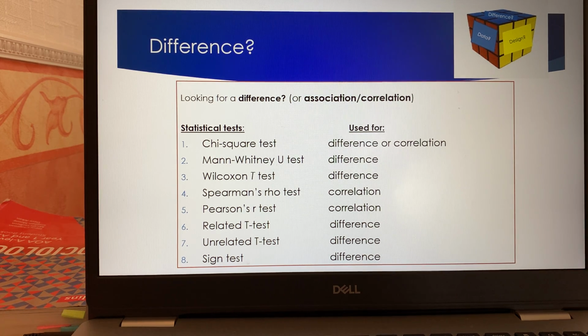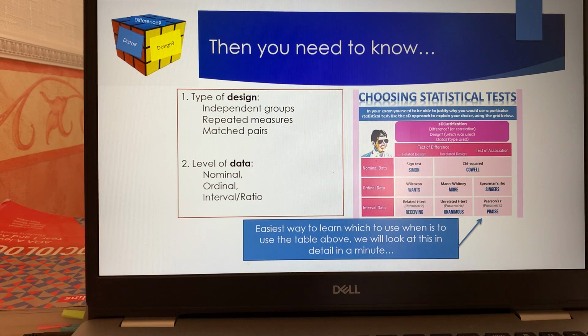Is it a test of correlation? Okay, so you basically have to start with looking at, ruling out if it's a correlation and if it's a test of difference or not. Once you've done that, you can then move on to looking at the type of design. Now, you can do it in any order. It's totally up to you.